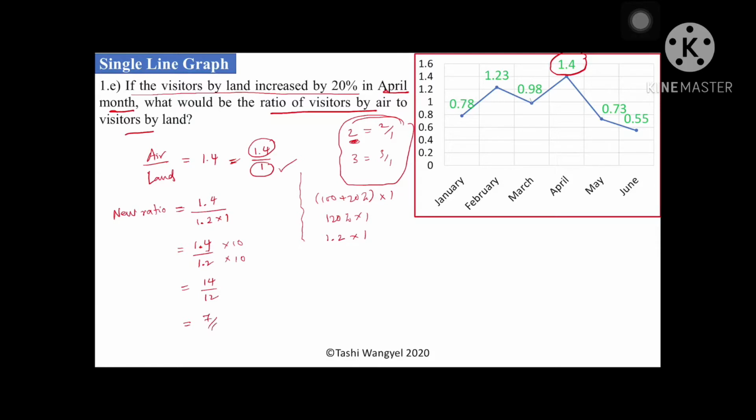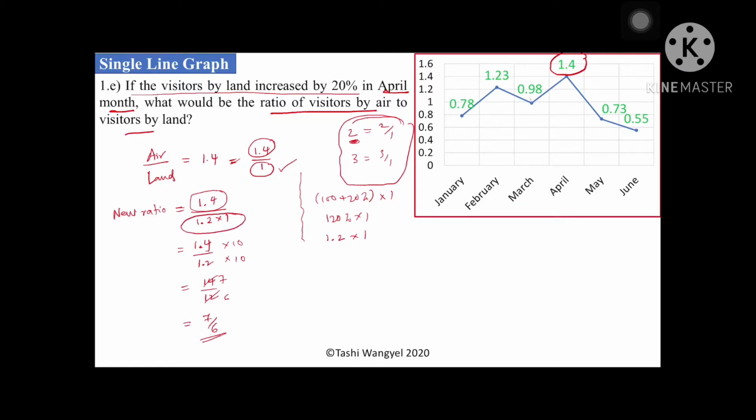Using a calculator, 14 by 12 simplifies to 7 by 6. The number of visitors by land increased by 20%, so the denominator is multiplied by 1.2 while the air numerator stays the same.